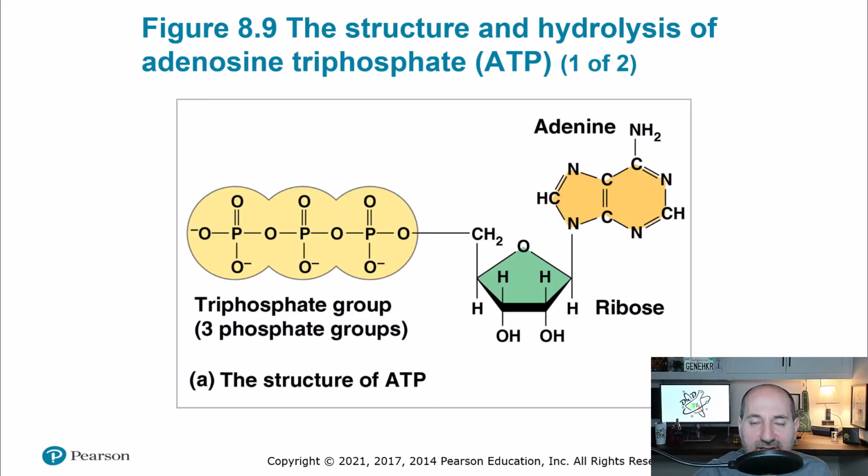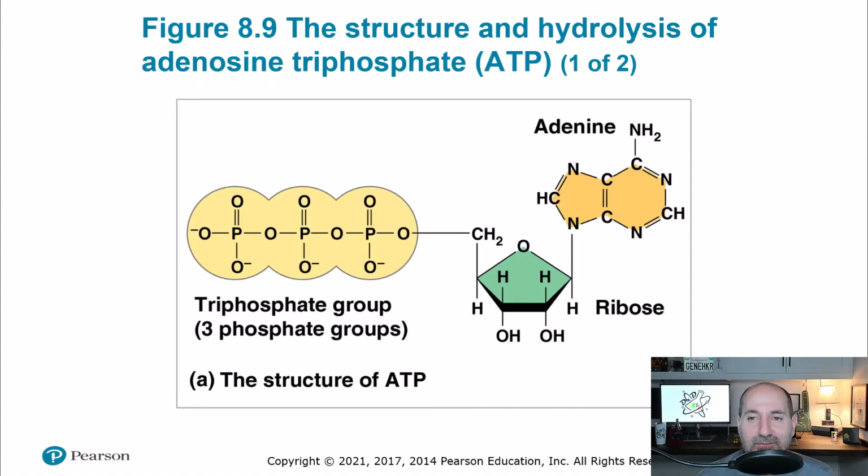And this is a high energy molecule. Now remember, high energy molecules, this is chemical energy. And I want you to remember something. Chemical energy is a form of potential energy. Now, let me ask you this to quiz you.